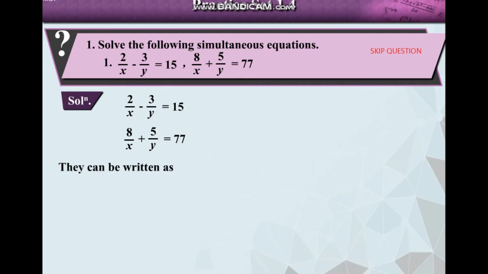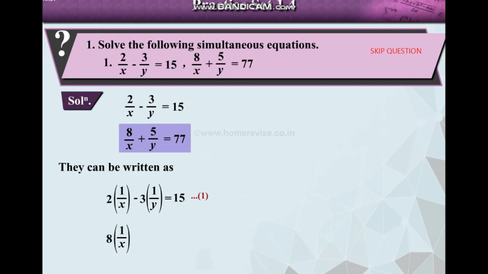They can be written as 2 multiplied by 1 upon x minus 3 multiplied by 1 upon y is equal to 15. Equation 1. 8 multiplied by 1 upon x plus 5 multiplied by 1 upon y is equal to 77. Equation 2.